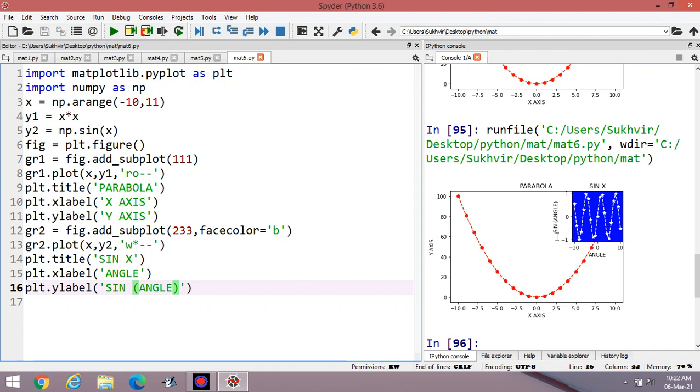Suppose I have to represent one more graph, that is cos x, at this location. Then what to do?